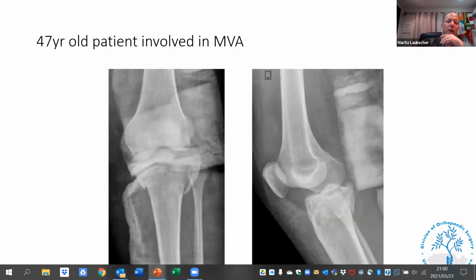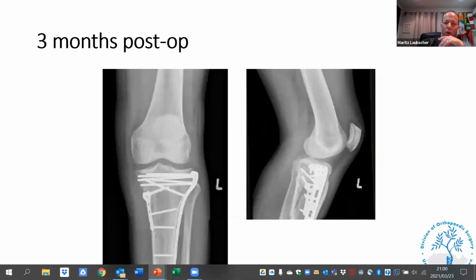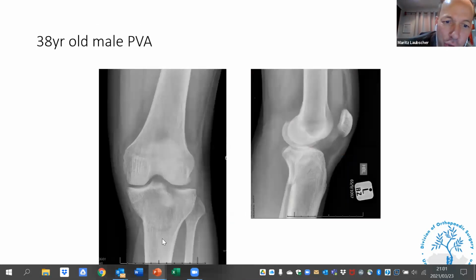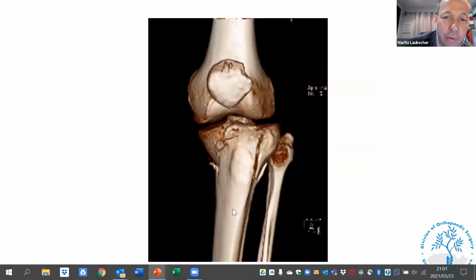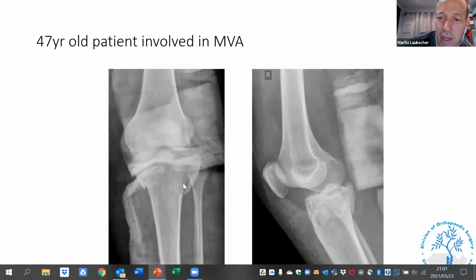I agree with you. If I saw this X-ray initially, and I was planning to plate it as my definitive management, I would definitely ex-fix it, and I think that should always be your default. And then in select cases where there's no shortening, plate it.